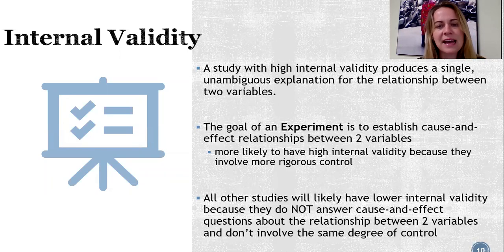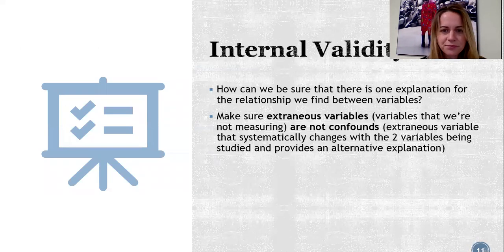All other studies will tend to have low internal validity because they don't intend to answer those cause and effect questions about the relationship between two variables, and so they don't involve the same degree of control. So correlational studies, descriptive studies, non-experiments, although they tend to have higher external validity, tend to have lower internal validity.